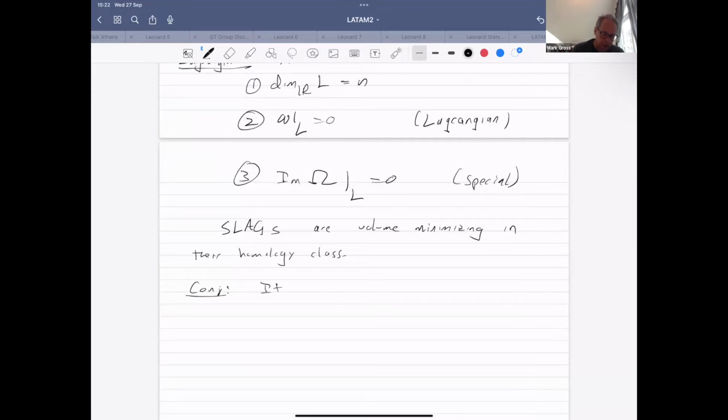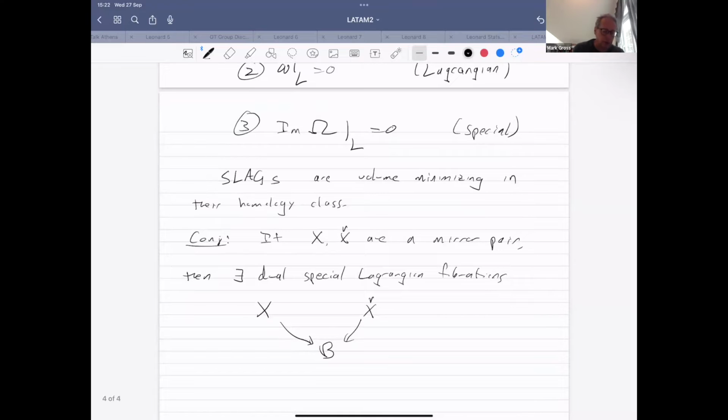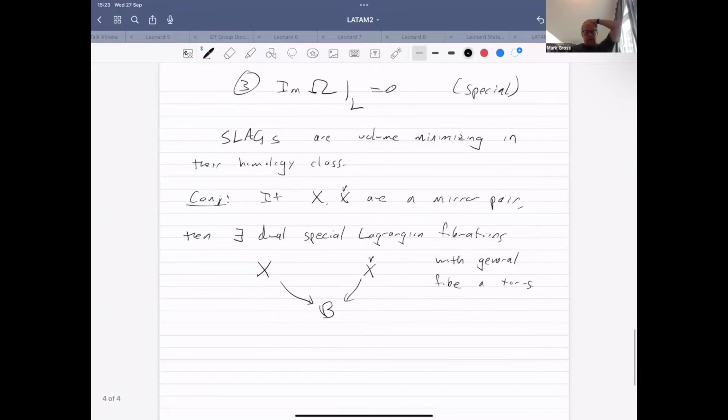If X and X check are a mirror pair, then there exist dual special Lagrangian fibrations, X goes to B and X check goes to B, with general fiber a torus. Okay, so this is very vague.